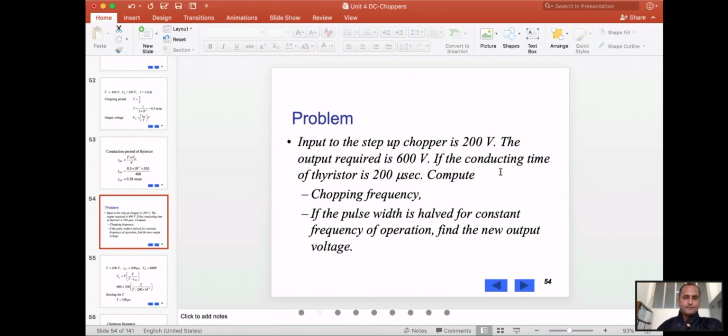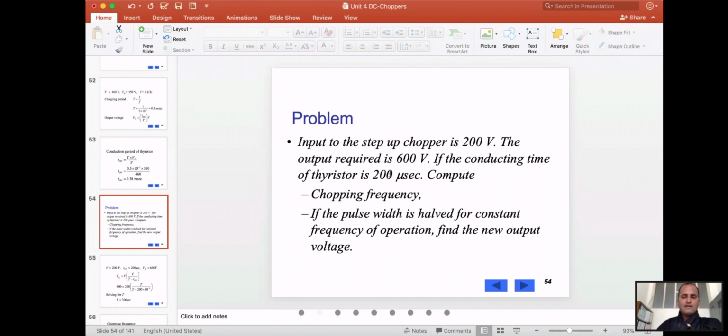So the pulse width is halved for constant frequency of operation. If T on is halved, what is the new T on time? The conduction time is 200 microsecond, so half of this is 100 microsecond.